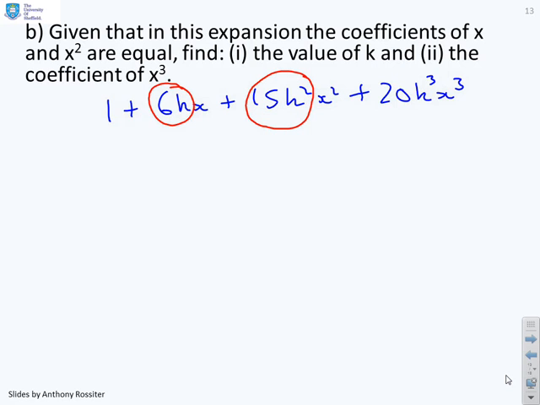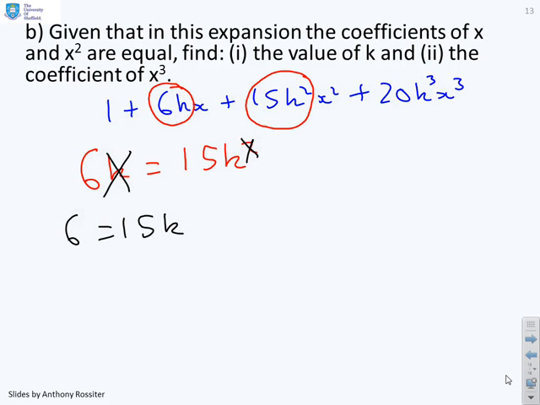So what we've been told is that 6k = 15k^2. Clearly I can cancel a k from both sides, so what that gives me is 6 = 15k, or 6 over 15 = k, which equals 0.4. And again, you'll see what seemed quite a difficult question you can answer in literally just a few lines.